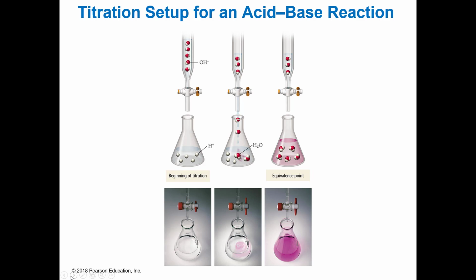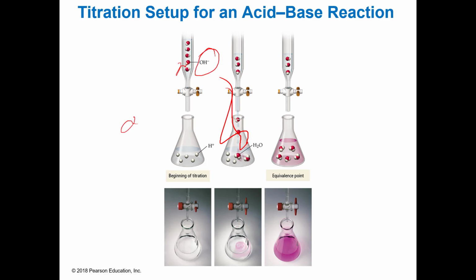All right, so here we have a nice, realistic diagram of a titration that occurs in the lab. So again, you have the sodium hydroxide. I'm trying to find my point here.